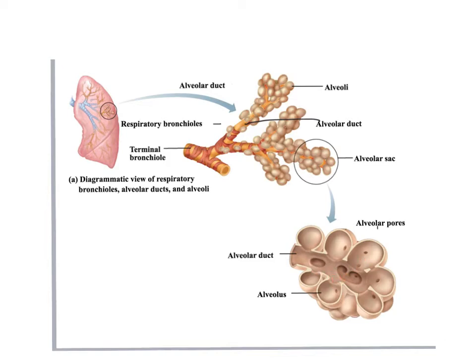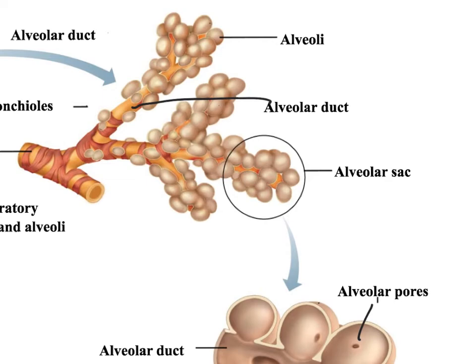And within those alveolar sacs, sometimes there are little things called alveolar pores. Let's zoom in here and show you this one. You actually see in this picture that these alveoli have connections. Those little black lines show connections.